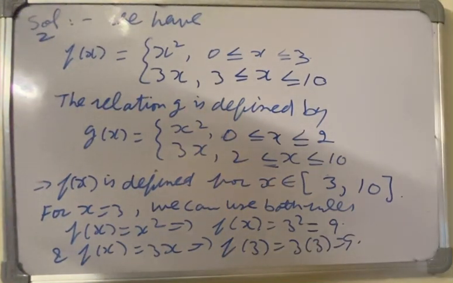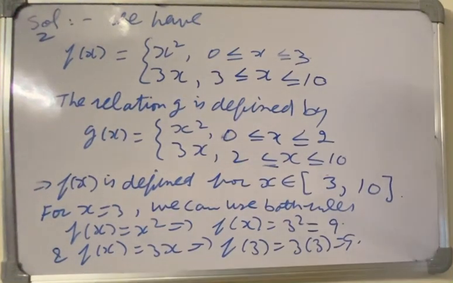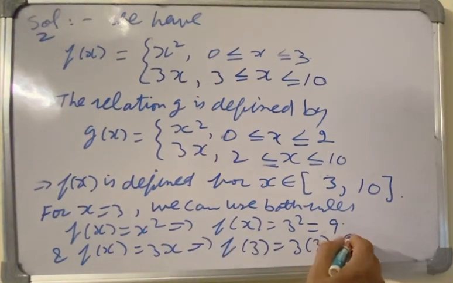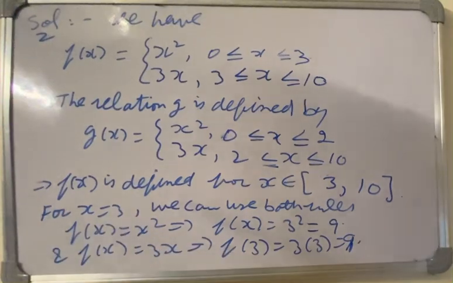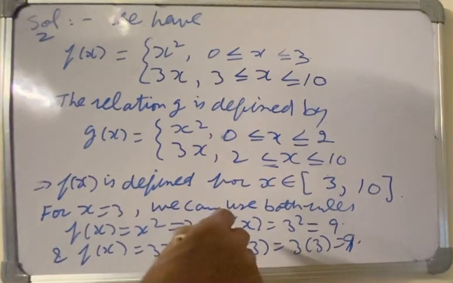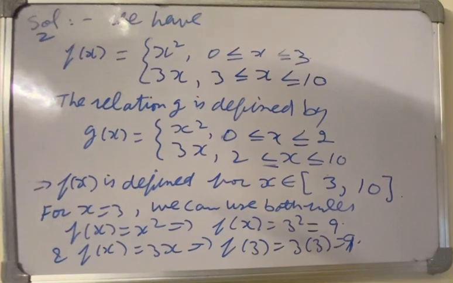Now, here we can see that the value of f(3) is unique. Why? Because 3 has the same image. In the relation x square, for the element 3, the image is 9.